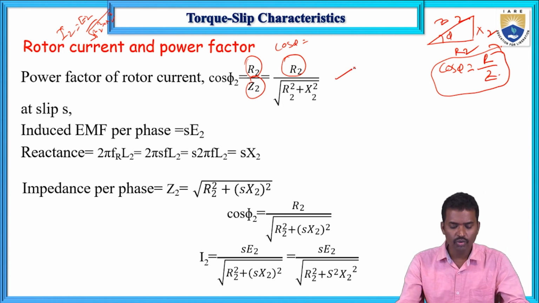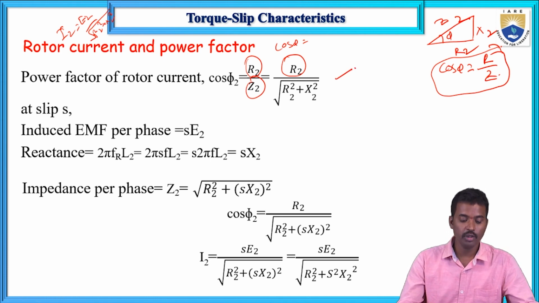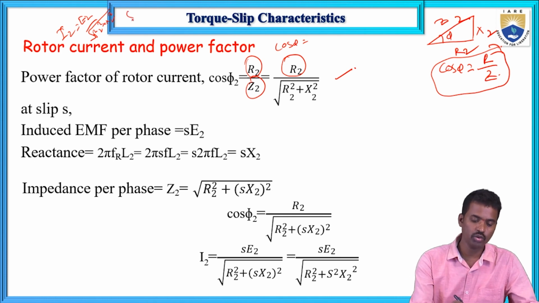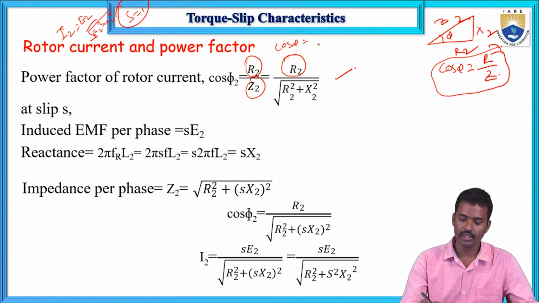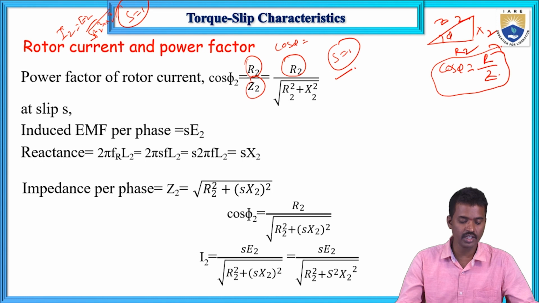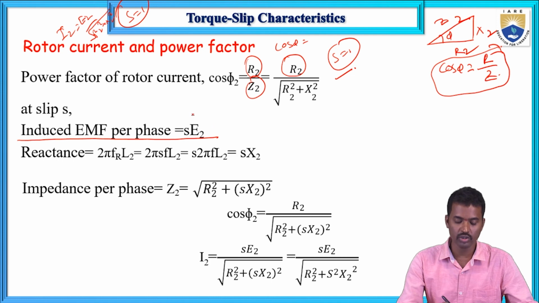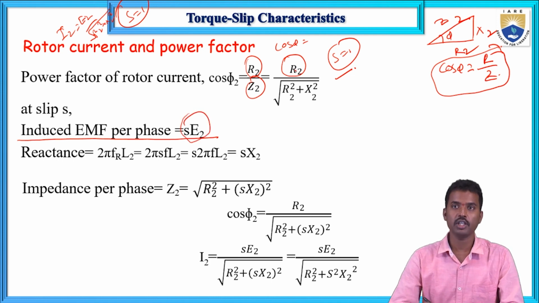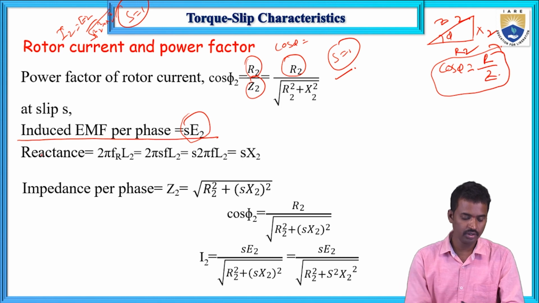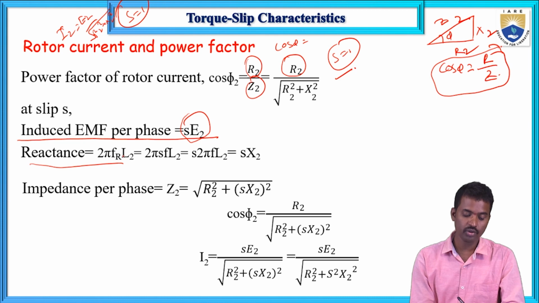Now we have the formulas. At standstill, as in the previous class, slip S equals 1. Now at slip S condition, the induced EMF per phase equals S into E2, and the rotor reactance equals 2 pi f L2 multiplied by S, that is S into X2.